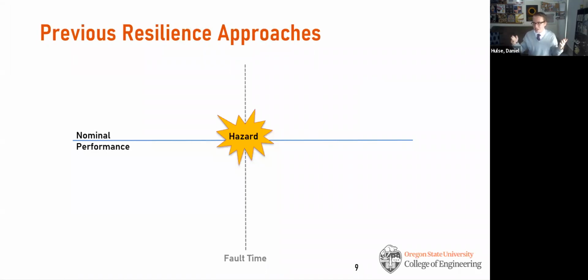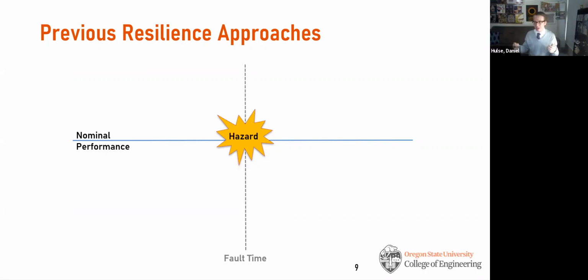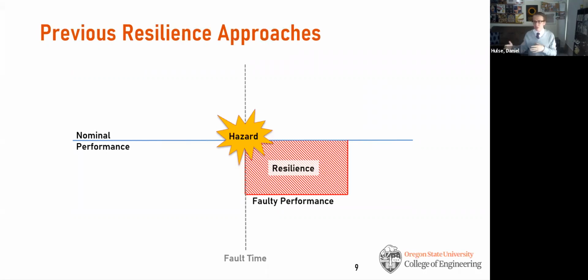There are, of course, specific considerations having to do with resilience that have been explored previously. So generally, when we talk about the resilience of a system, we're talking about the curve of faulty performance that occurs after the system experiences a hazard.